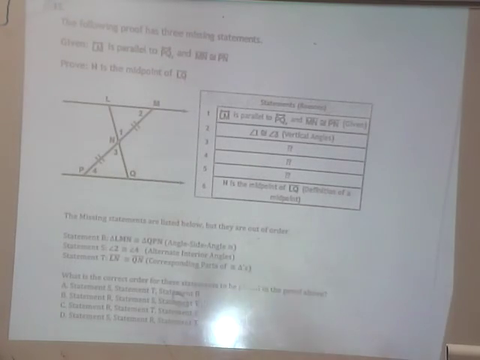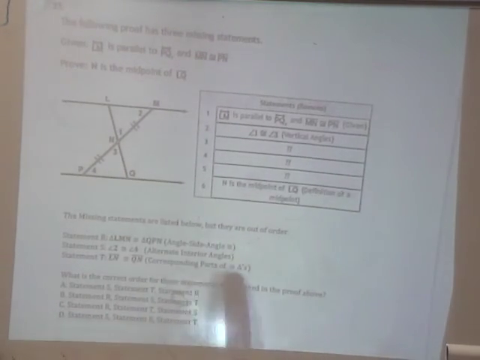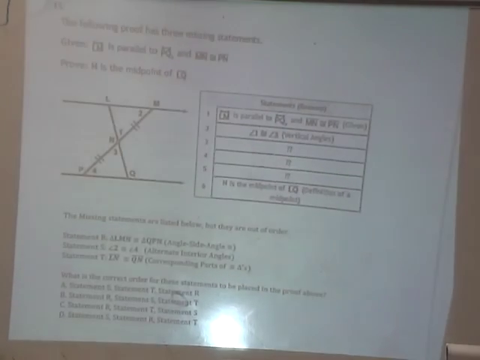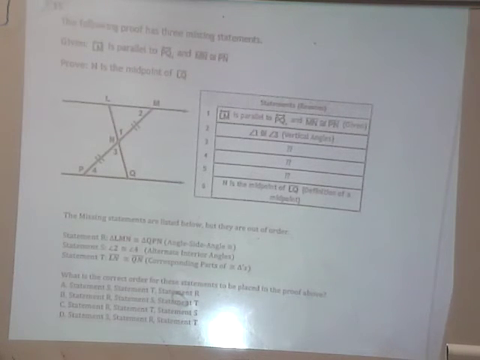So before corresponding parts of congruent triangles has to be one of those 5 reasons that we prove congruent triangles that I erased today. Side, side, side, side, angle, angle, side, angle, hypotenuse leg, right? So right before, right above CPCTC has to be one of those 5 reasons.